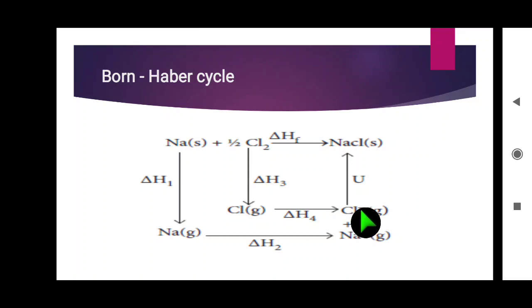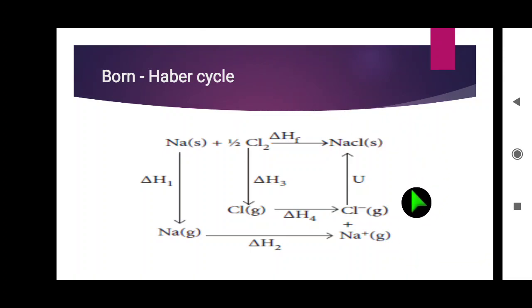That is electron affinity, delta H4. Then Na plus and Cl minus combine to give sodium chloride by U. U means lattice energy.